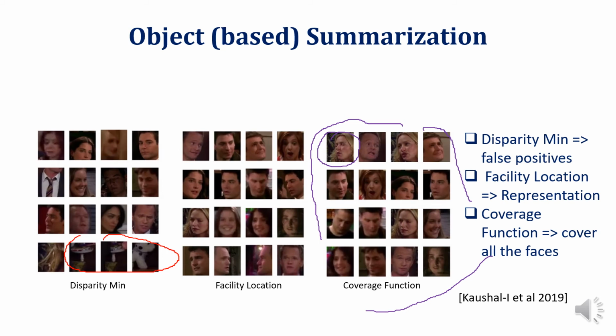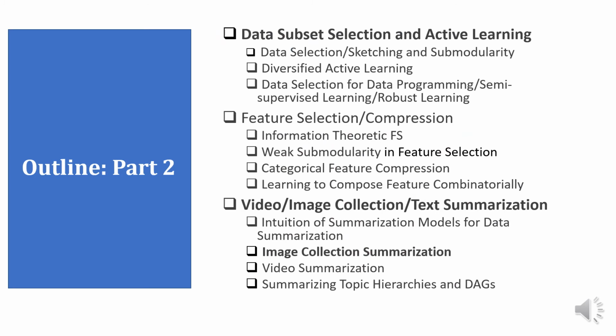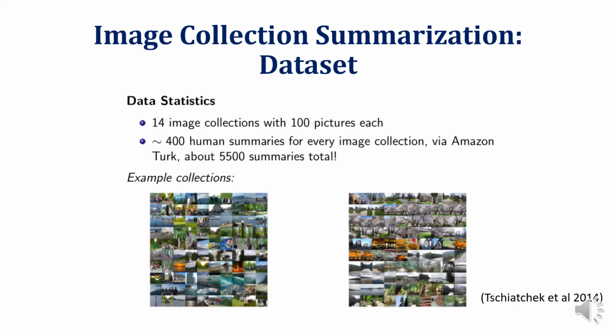Coming to the next part, image collection summarization. The work got initiated by Sadeghi et al. in 2014 with the first image summarization data set with 14 image collections, 100 features each, and 400 human summaries for each image collection via Amazon Turk, amounting to around 5,500 summaries.